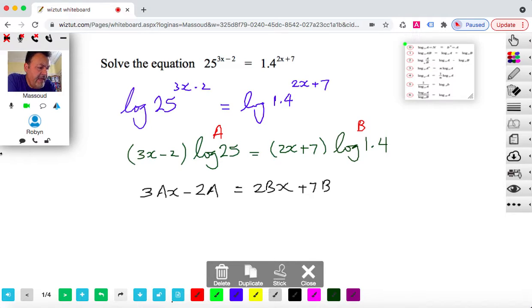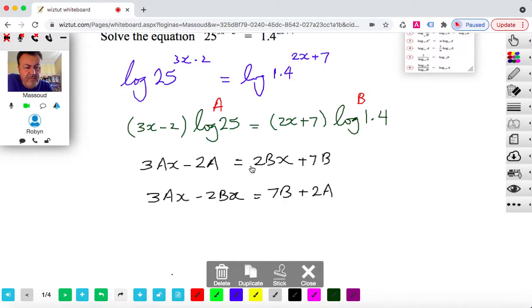Let's group the x's together. So 3ax minus 2bx is equal to 7b plus 2a. And then we unify the x's, which means we factorize an x, so that would be x(3a minus 2b), which is equal to 7b plus 2a.